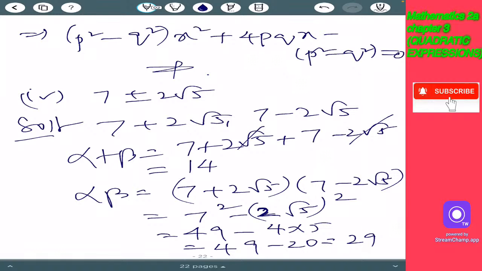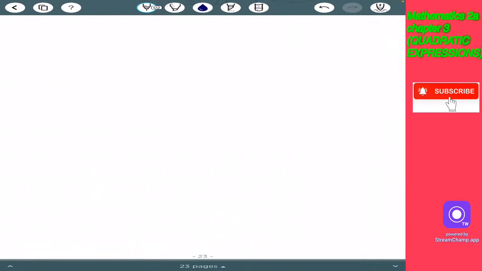Now the same: product of roots, sum of roots, add them. The equation is x square minus 14x plus 29 is equal to 0. Is it clear here?